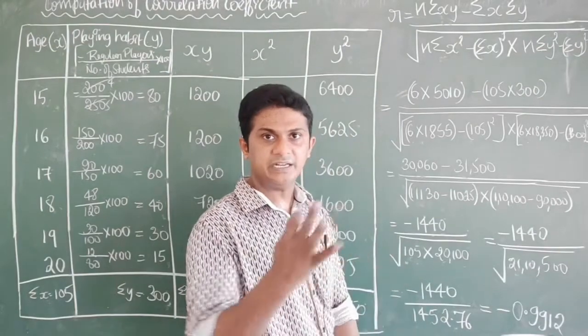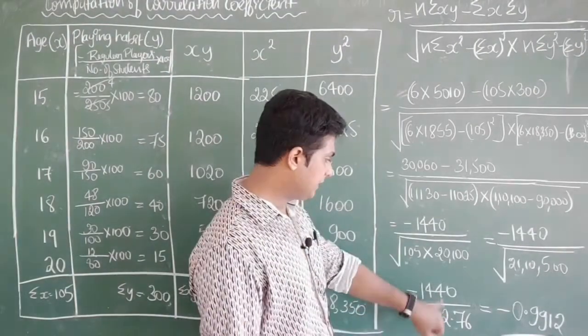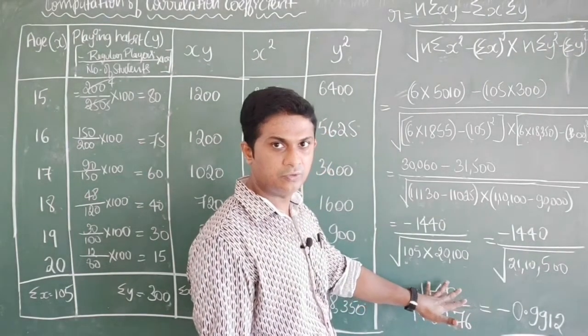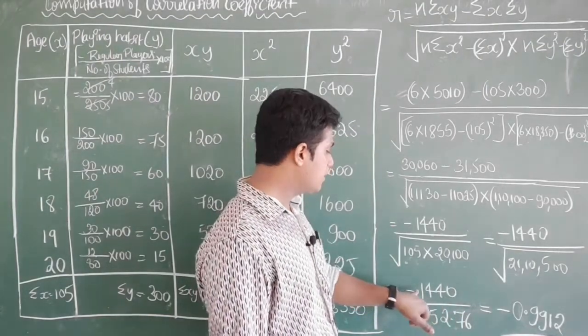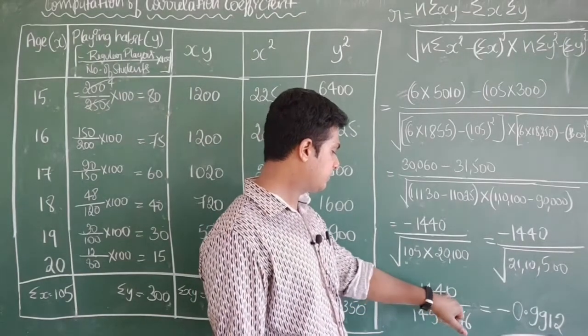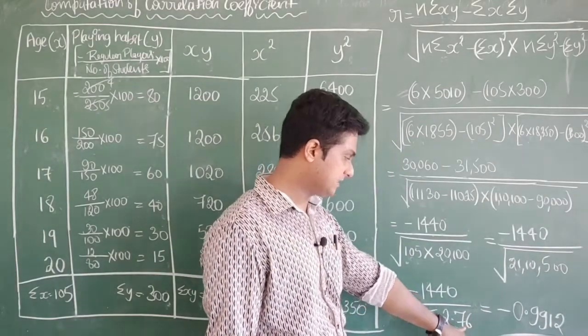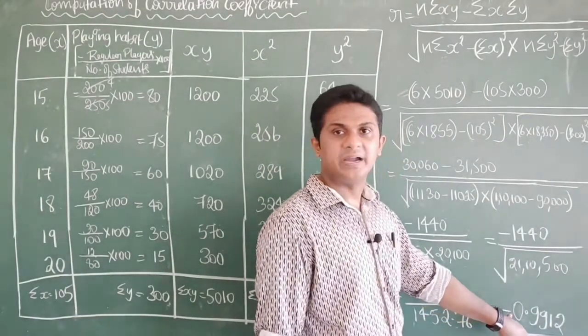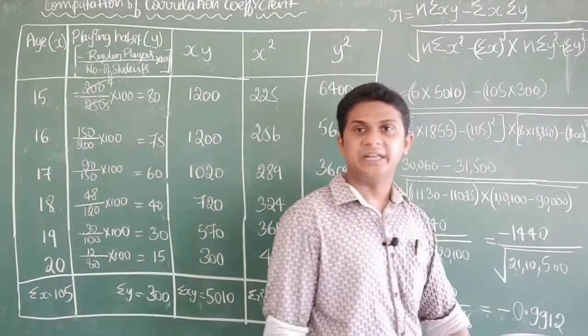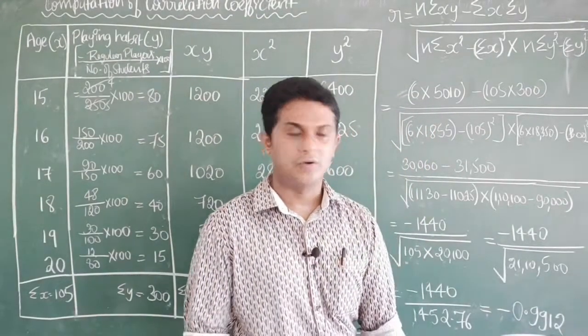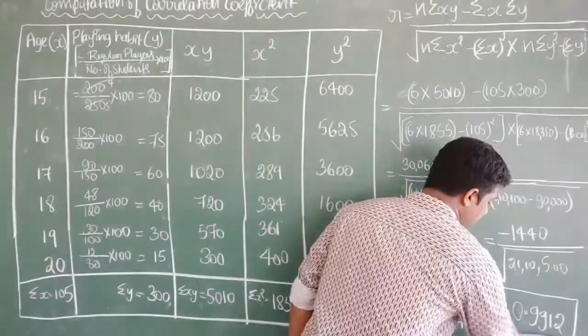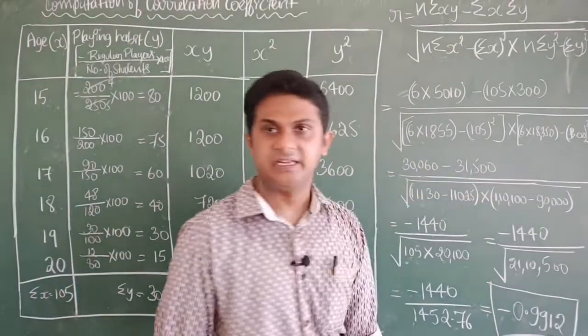Therefore, finally, to calculate correlation, we need to find the ratio between the numerator and denominator, that is minus 1440 divided by 1452.76, which is equal to minus 0.9912. So our correlation value is minus 0.9912.